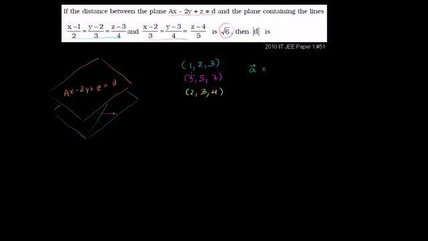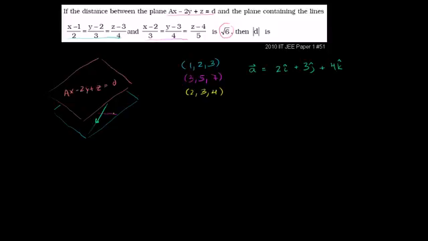And so that will be 3 minus 1 is 2i, plus 5 minus 2 is 3j, plus 7 minus 3 is 4k. So vector a is actually going to sit on this green line because both of these points are on this line. So it's going to sit on that line. If we put it on the plane, or if we were to start it at one of those points, it'll sit on that line.